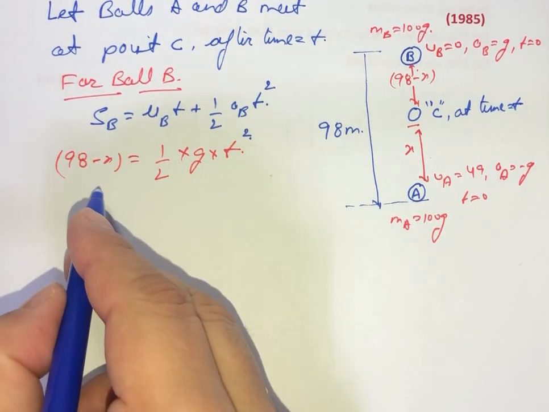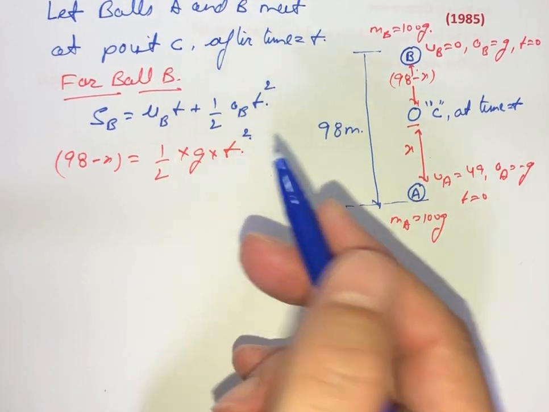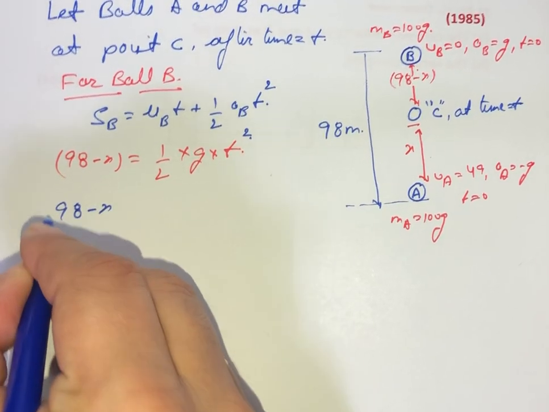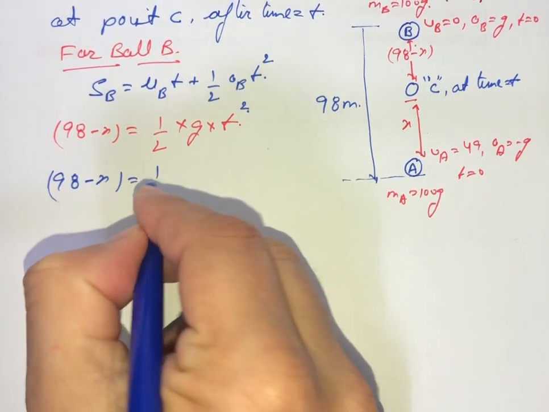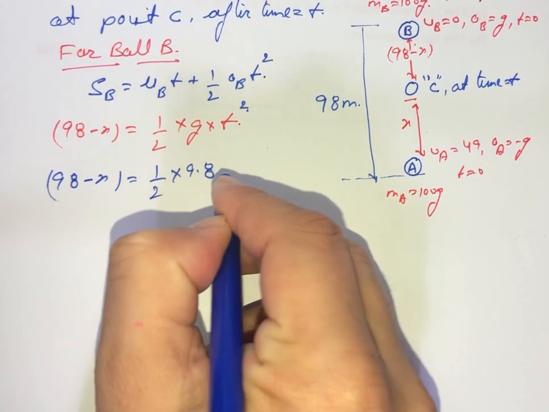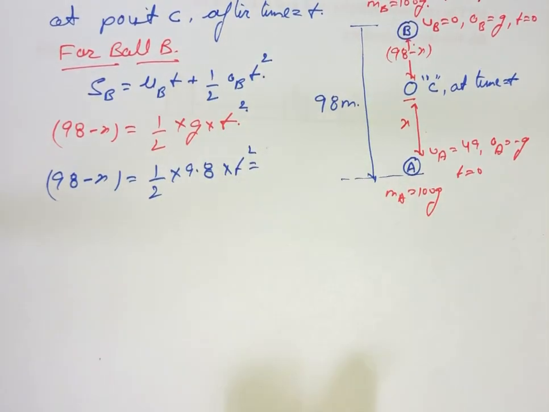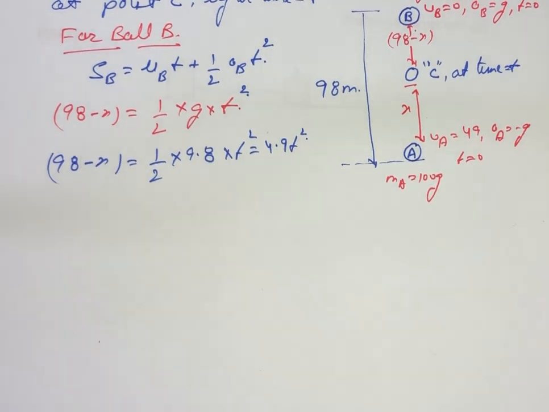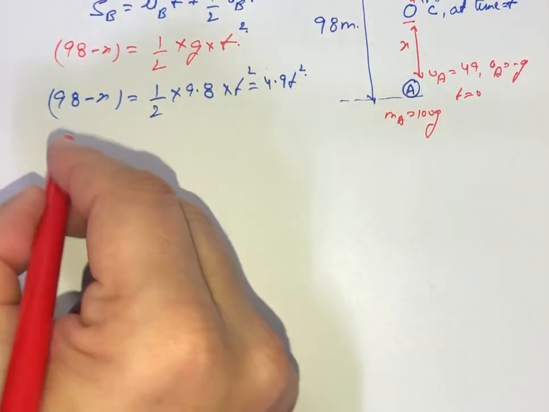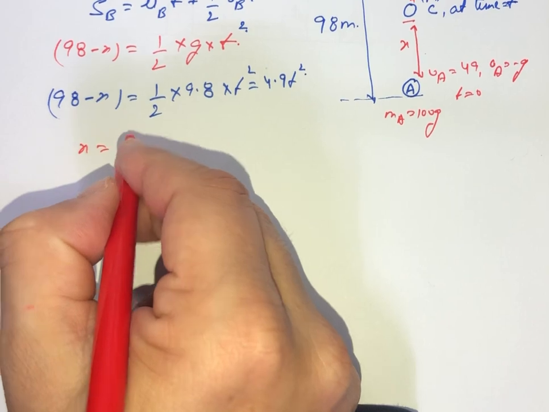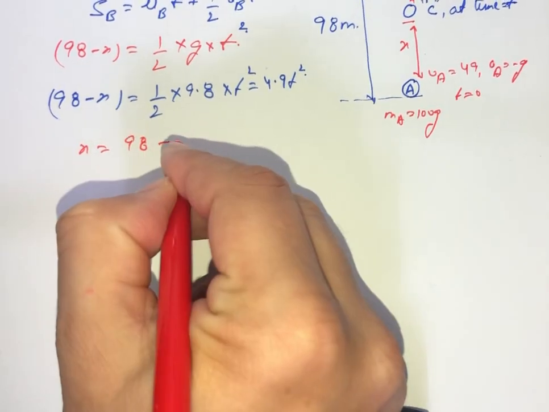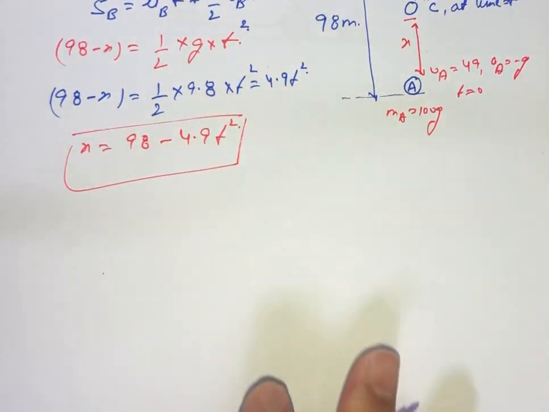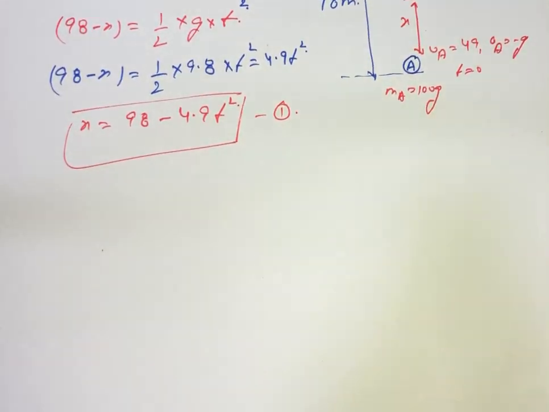So from here, for g is 9.8, let me substitute here. So we get 98 minus x equals half times 9.8 t square, which is equal to 4.9 t square. So we can write the equation for x is equal to 98 minus 4.9 t square. Let us call this equation number 1.